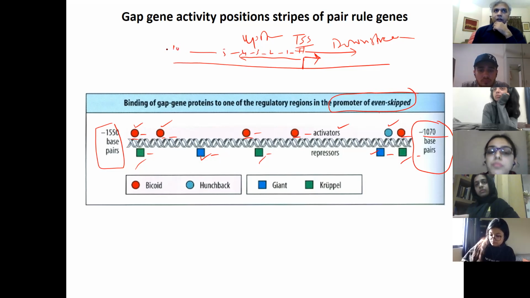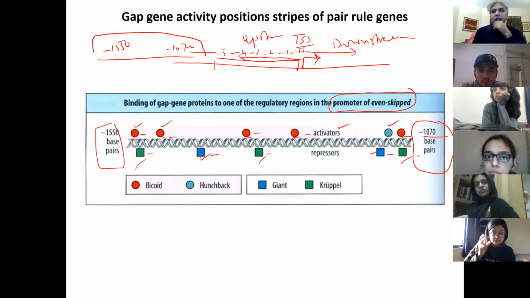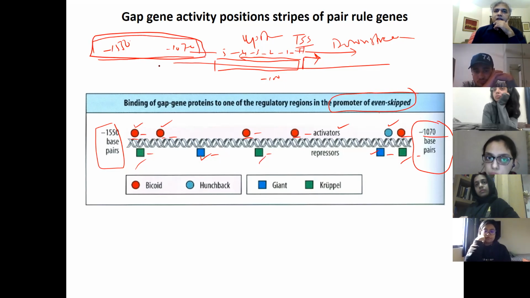And we're talking about -1070 to -1550. Usually a prokaryotic promoter is within the first 100 base pairs, with the -35 and -10 sequences. This is even upstream of the promoter region, some regulatory sequences. Is it clear to all?